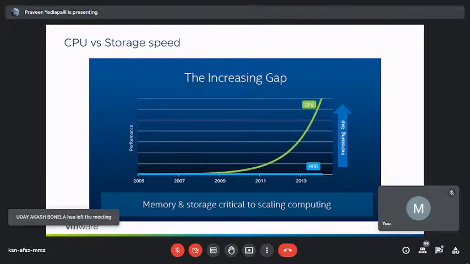This difference in performance between CPU and storage is causing a lot of performance problems for many applications, even big applications like Instagram or TikTok or Facebook. All of these depend on both CPU and storage.